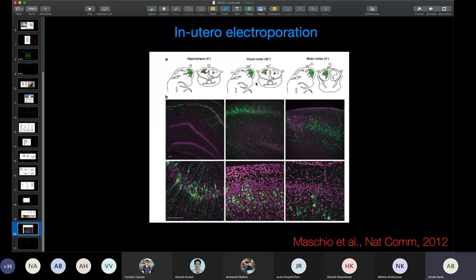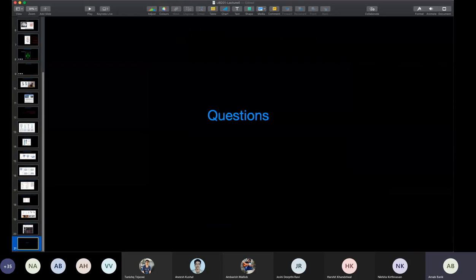And probably that's the mechanism that causes the defects seen in humans with lissencephaly. So this is another example of a fascinating technique that is regularly used in labs to manipulate cells in embryos and study neurodevelopment or cortical migration. So that's that, and so, question time.